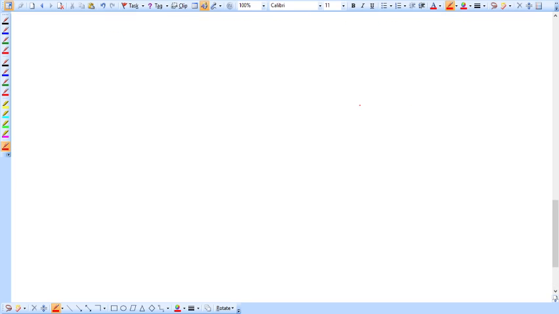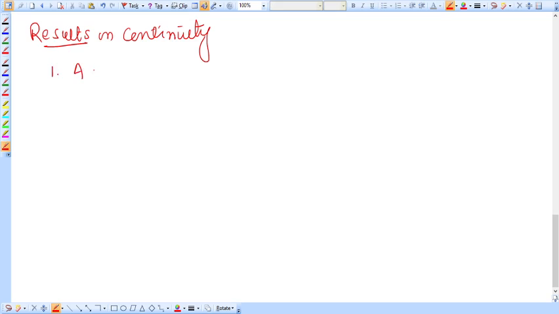Now some results on continuity. Okay, so first result is a constant function.